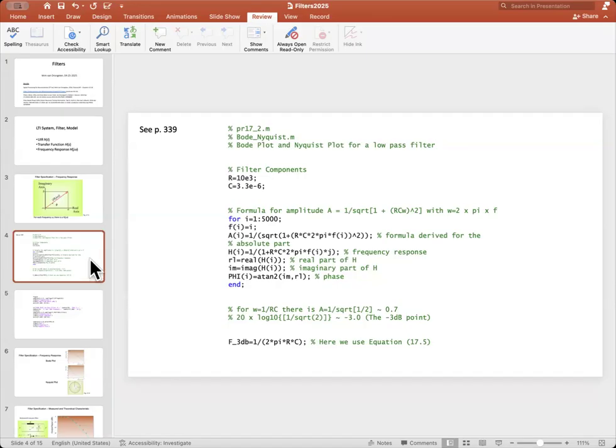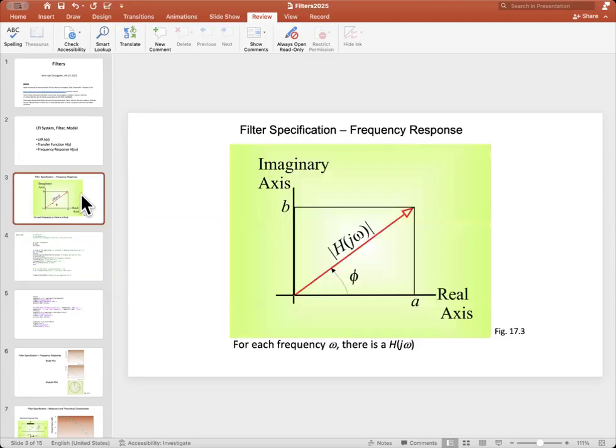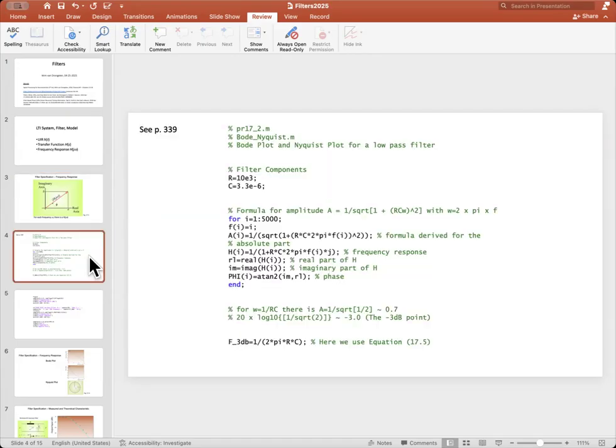In this case, we were looking at an RC filter, an R of 10 kilo ohm and a C of 3.3 microfarad. These are the filter components, and the product of that is the RC time constant. We also derived in the book the expression for H(jω), and we can then compute its size and the φ.